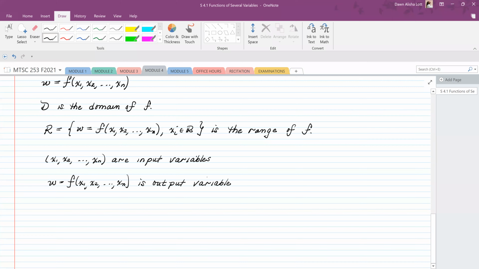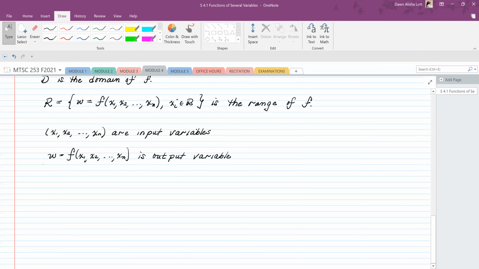Okay. So here's the easy example. F is going to go from R3 into R. Let's make it XYZ, nice and easy.